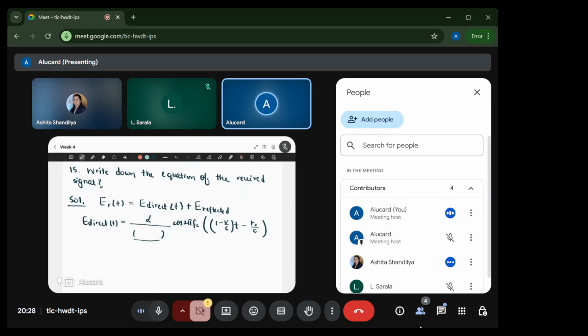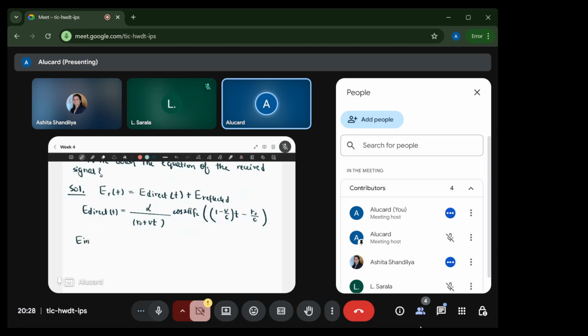At time t equal to 0, you start out at distance R0, and the additional distance traveled in a time t is vt. So that's the total distance of the receiver from the transmitter at time t. So there will be an attenuation by that amount. So that's the direct component.